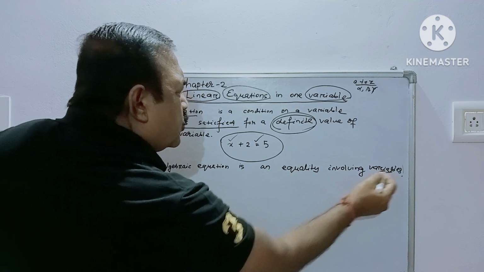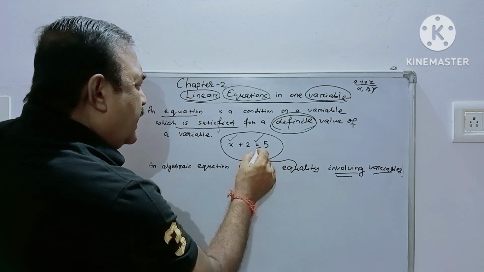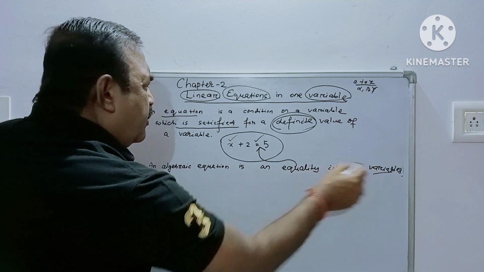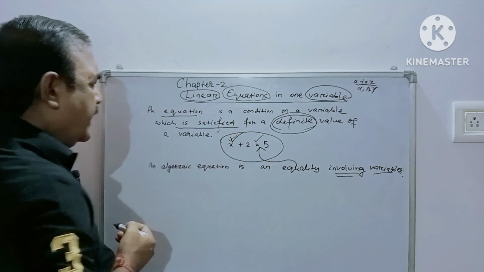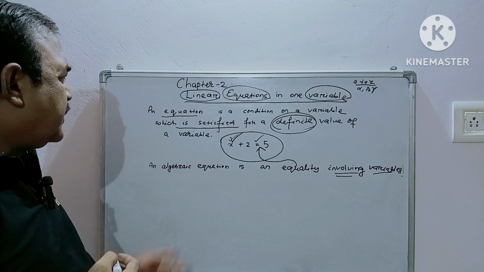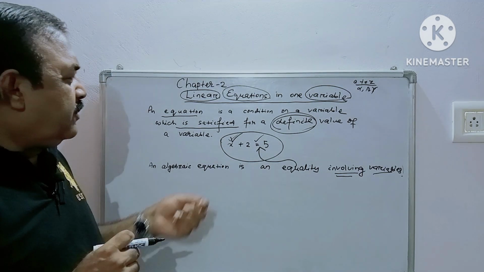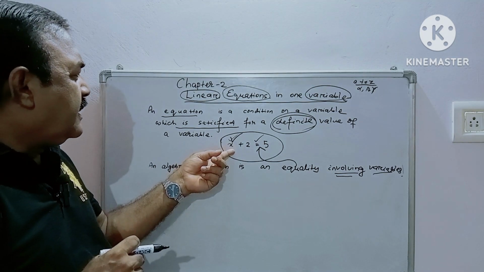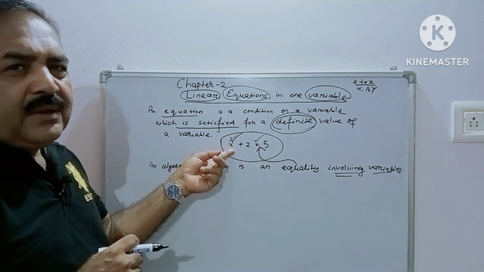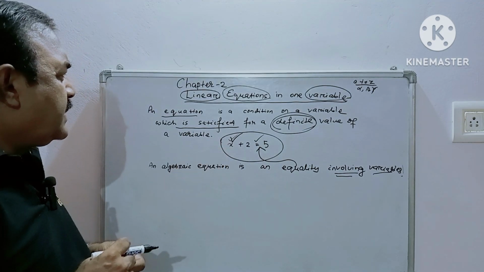So variables should be involved, and there is a sign of equality. We have the variable here, x. So this is an algebraic equation. We use letter for the constants, for the definite values. Okay?